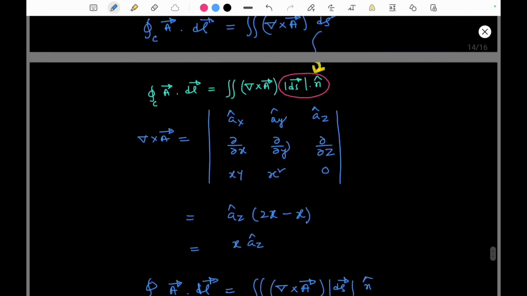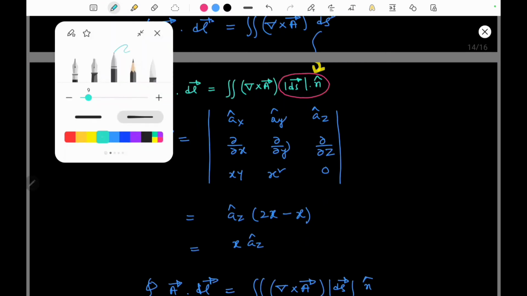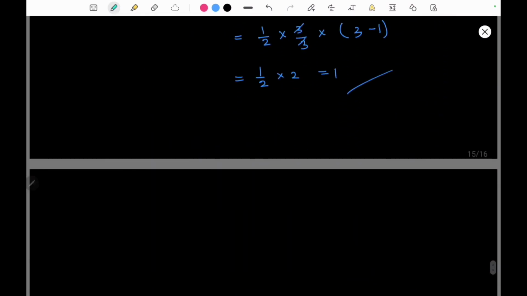Now another method is there with the help of Green's theorem. So let's try to solve that. Method 3.